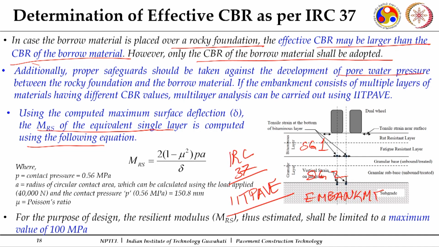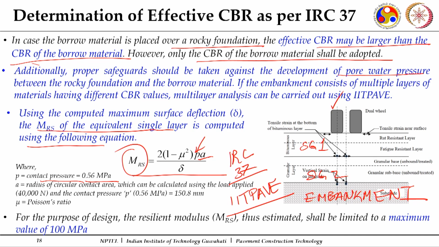With this combination, taking a standard load as per IRC 37, you work out the effective resilient modulus by considering a contact pressure of 0.56 megapascals, and corresponding to this contact pressure you work out the contact area for the wheel load.